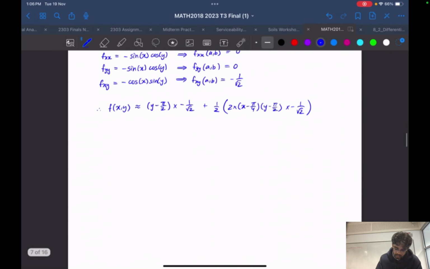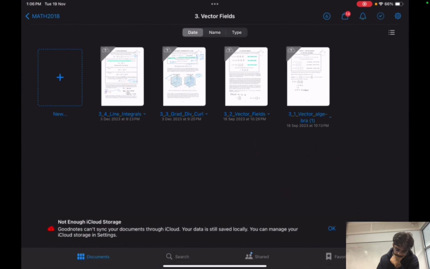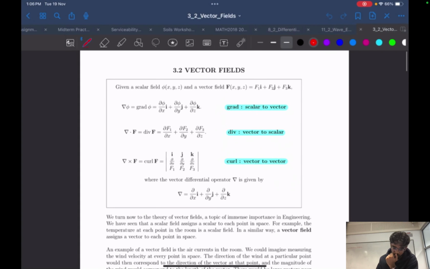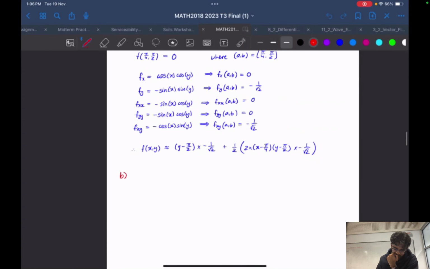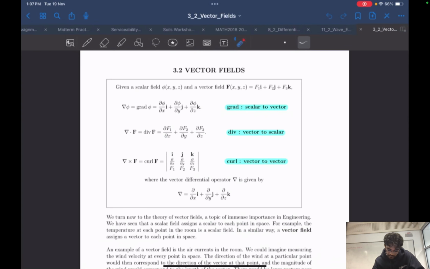Okay. Part B. Let's take a look. So let me quickly go to my notes. Vector fields. And we're taking a look at this thing over here. So they've given us a vector field F, right? And we have to use a differential operator to find the divergence and the curl of F as well, I think.